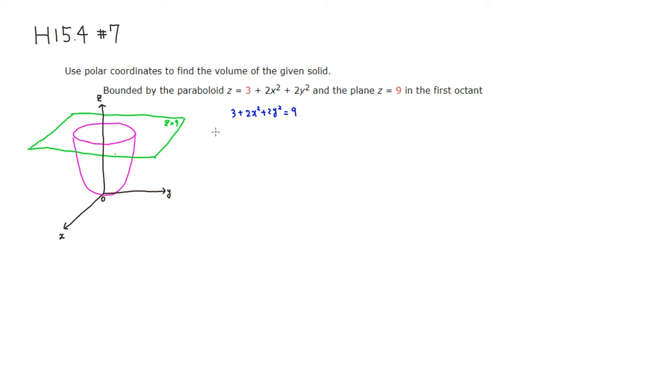Subtract 3 to get 2x squared plus 2y squared equals 6. Divide through by 2 to get x squared plus y squared equals 3. So the radius is square root of 3.